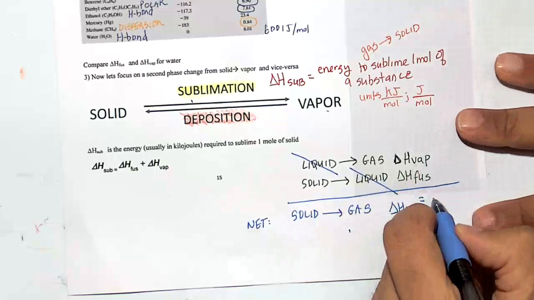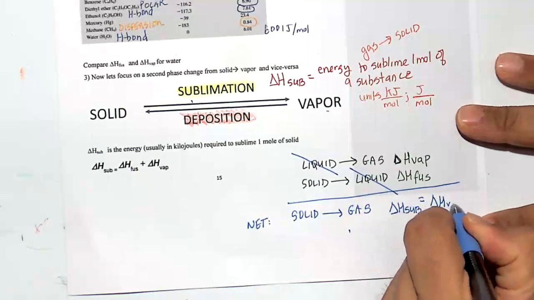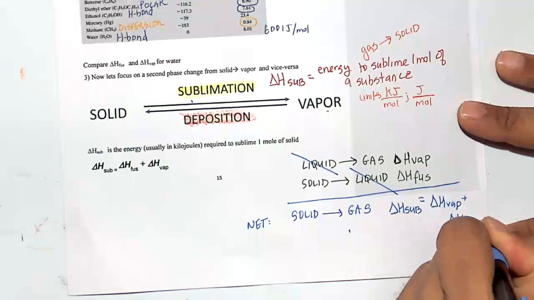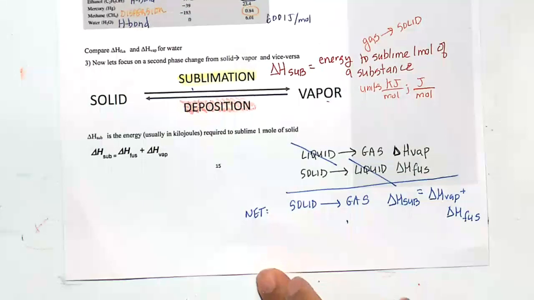You add these two, so you add their delta H's.